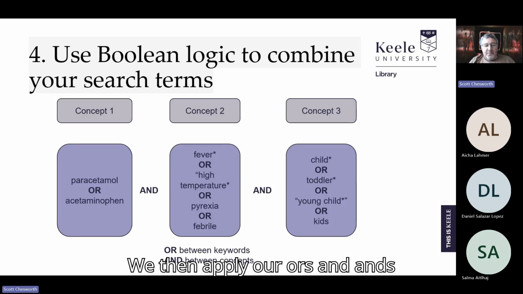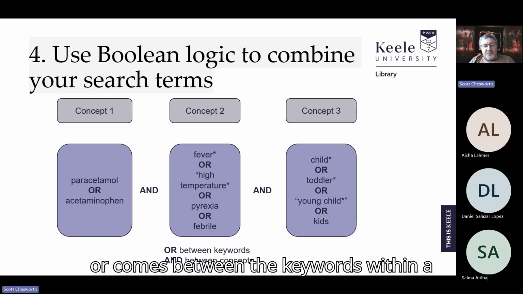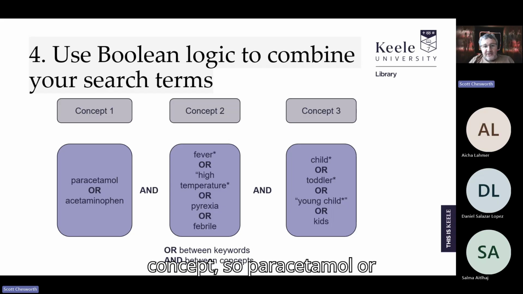We then apply our ORs and ANDs to our keywords. So OR comes between the keywords within a concept, so paracetamol OR acetaminophen, and AND is between your concepts, fever OR high temperature OR pyrexia OR febrile, AND child OR toddler OR young child OR kids.